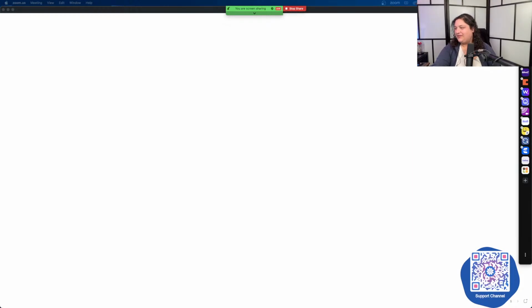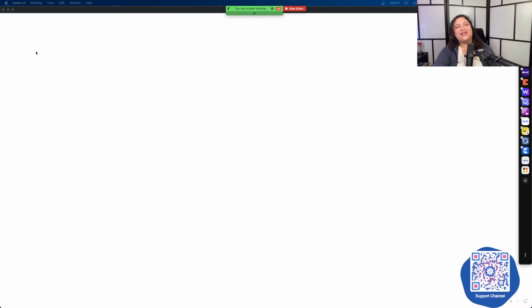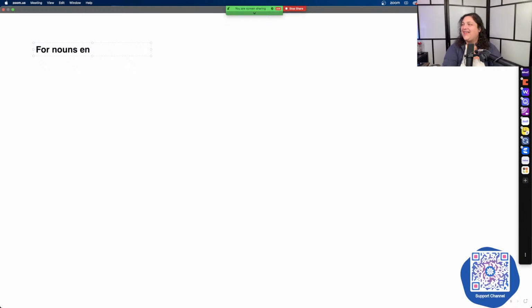So, making a noun plural. There are two simple rules, and then we're going to do an exercise after this. For nouns ending in a vowel, we are going to add S. Doesn't matter what gender the noun is.